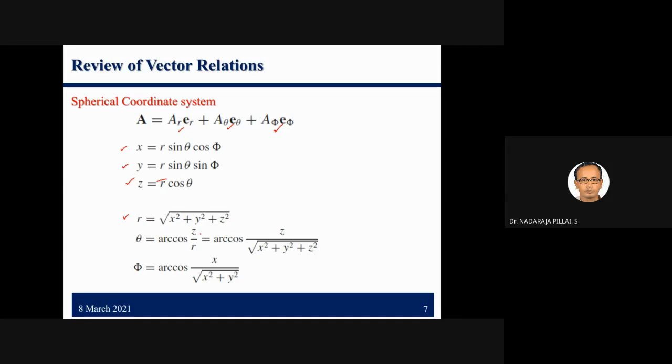Theta is equal to cos inverse of z by r. And phi can be represented by cos inverse of x by r, so x by root of x squared plus y squared.